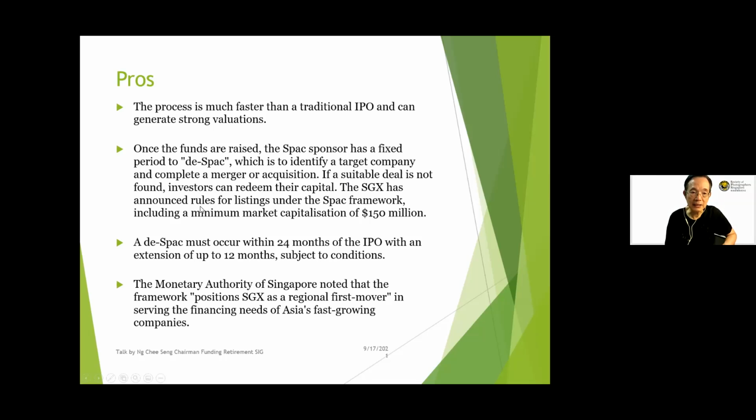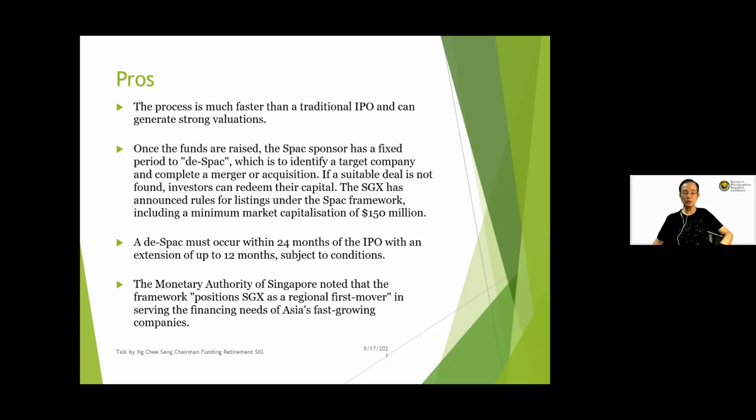SGX has announced a set of rules under the SPAC framework, including a minimum capitalization of $150 million. So you can see that the Singapore guideline for SPAC listing is quite lenient. That means the capital size need not be very huge.